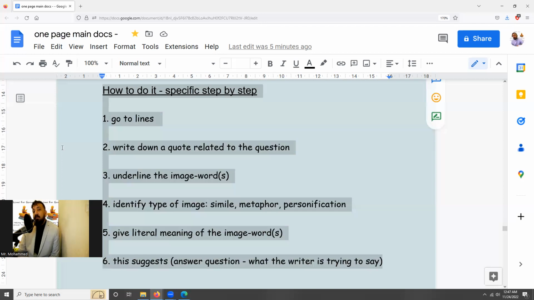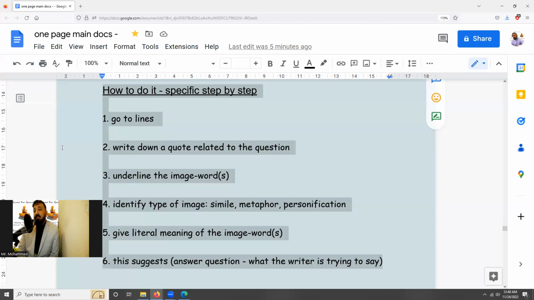Okay, once you've done that, now you want to identify the type of image. And again, it's only going to be simile, metaphor, or personification, only one of those. There won't be any other type of image at National 5 or higher. Then you give the literal meaning of the image word. For example, if the word is danced, you would say to dance is to move in a celebratory way, to move fast while you're having fun to music, something like that, yeah?